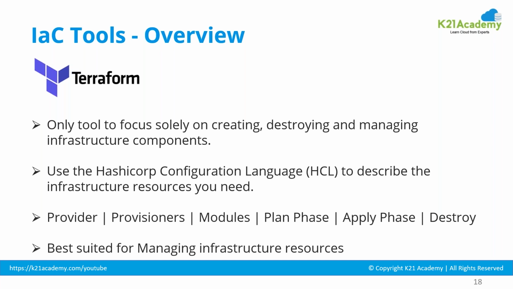I can use Ansible for creating and provisioning my infrastructure too, but it doesn't have all the capabilities of managing it. Terraform has all the capabilities of infrastructure provisioning and orchestration too.